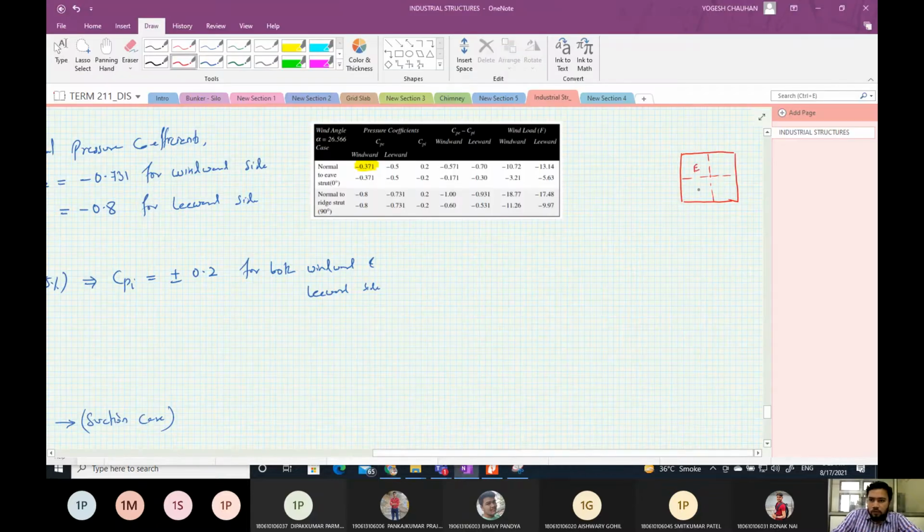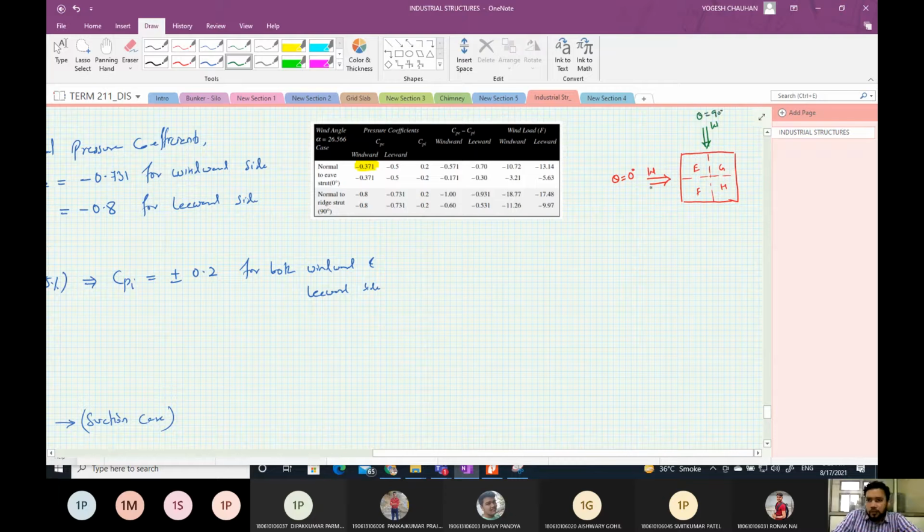This is E, F, G, H, and this is the direction of the wind. Consider two cases. One, wind acting from this direction, theta is equal to 0 degree. And when theta is equal to 90 degree.